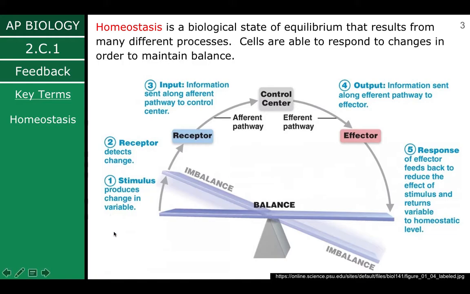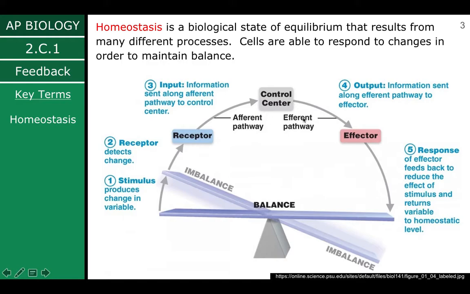So here's our stimulus, which produces a change in variable. The receptor then detects that change. Input is the information sent along afferent pathway to control center. The control center you can think of as just like the brain. So that's why it's afferent pathway.